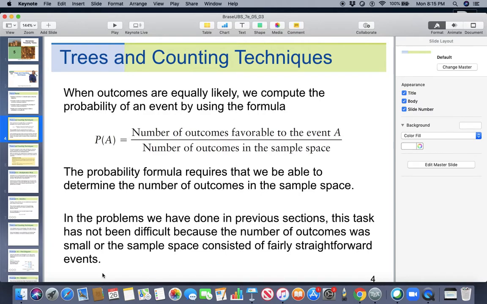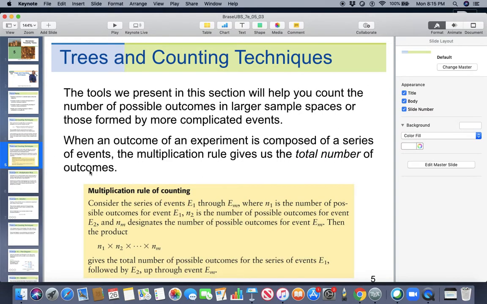The sample space was small, straightforward events, right? So let's see if things get complicated. The tools we present in this section will help you count the number of possible outcomes in larger sample spaces, or those formed by more complicated events.